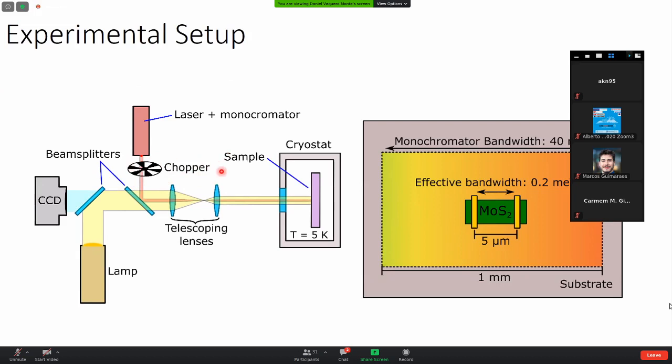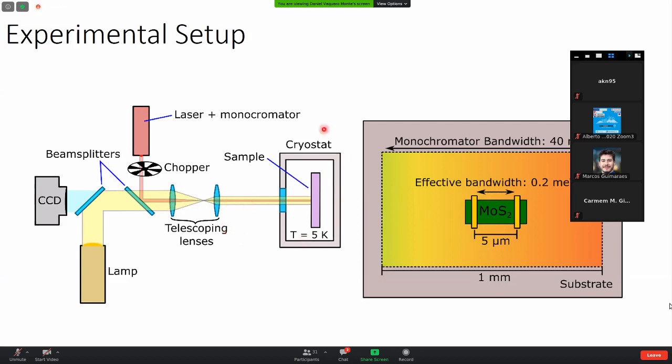Here we have an optical chopper that allows us to modulate the frequency of the excitation light. Here we have two telescoping lenses that allow us to collimate and focalize the light over the sample.